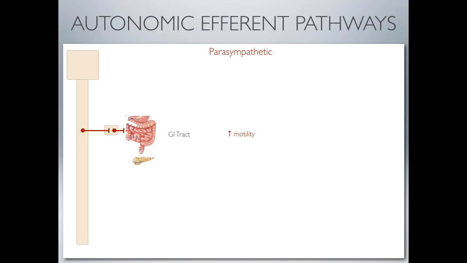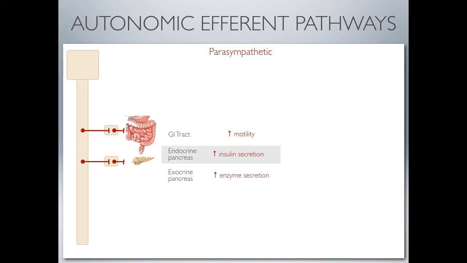Your pancreas, you'll recall, is involved in buffering the acidic chyme that comes out of your stomach. There are digestive enzymes that are released by the pancreas, so that is also a target of parasympathetic pathways. Now, we're not yet going to talk about insulin secretion, but insulin plays a role in the storage of glucose by the body and the conversion of glucose into fat storage.